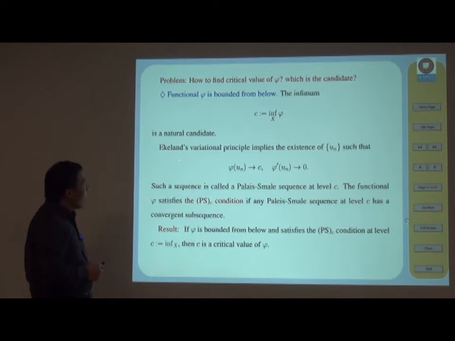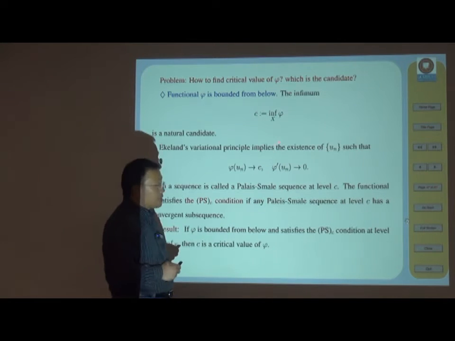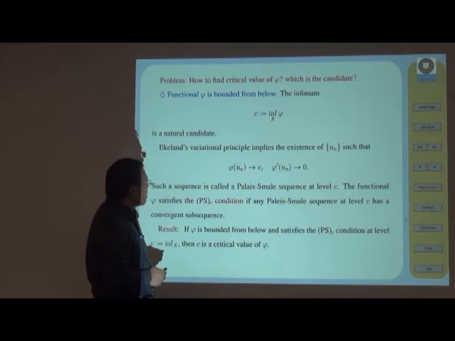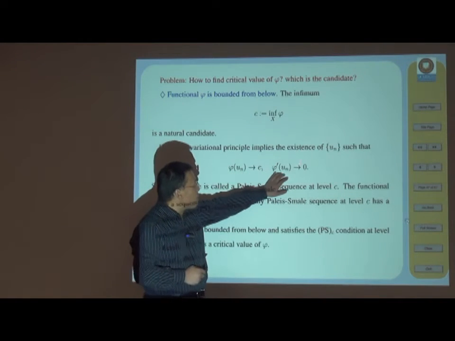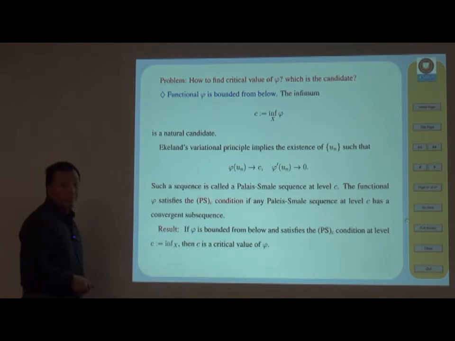And the Ekeland variational principle implies there exists a sequence u_n such that phi(u_n) tends to C and phi prime(u_n) tends to 0.